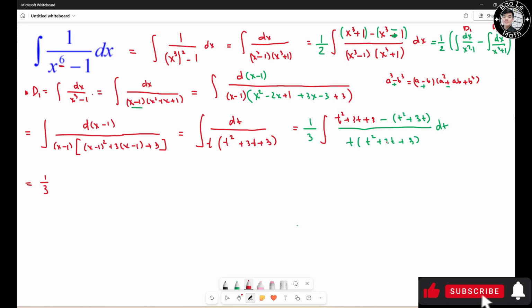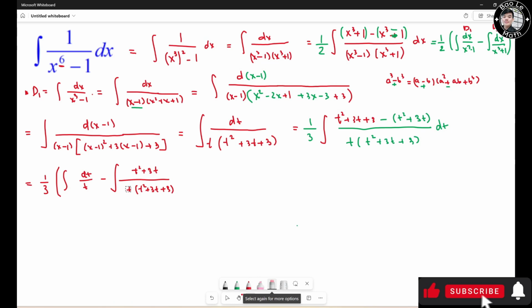Now this divided by this turns out to be the integral of dt over t, minus, now the second one, I have the integral of t squared plus 3t over t times t squared plus 3t plus 3. Now look at this one right here.